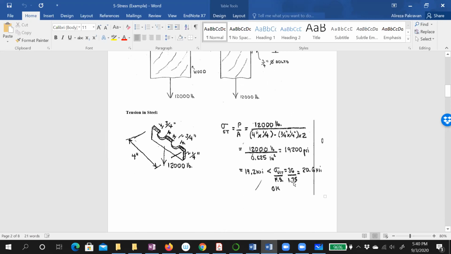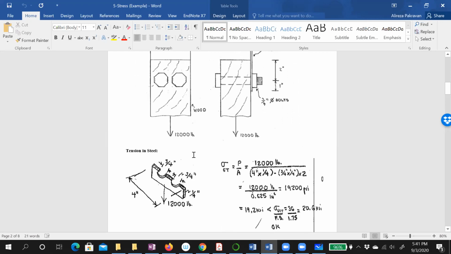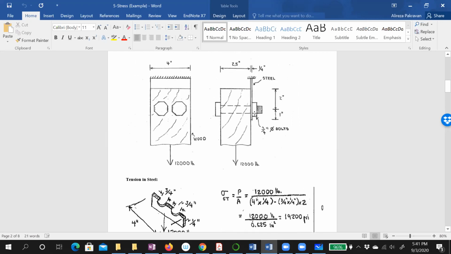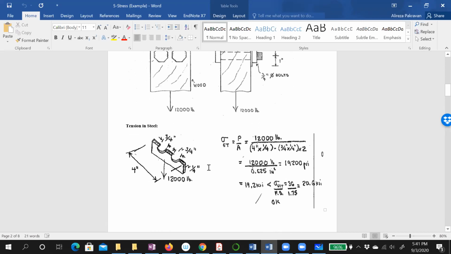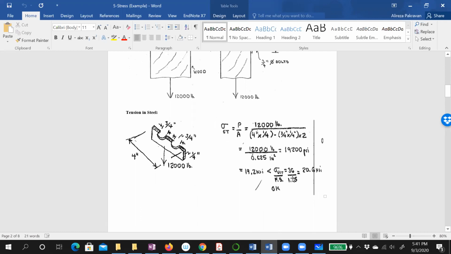So we use 1.75, and the sigma allowable would be 20.6 KSI. So it's good, 19.2 is less than 20.6, which means this steel plate under tension is fine, because it's less than sigma allowable.